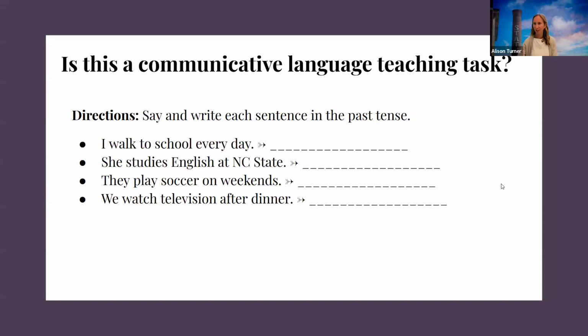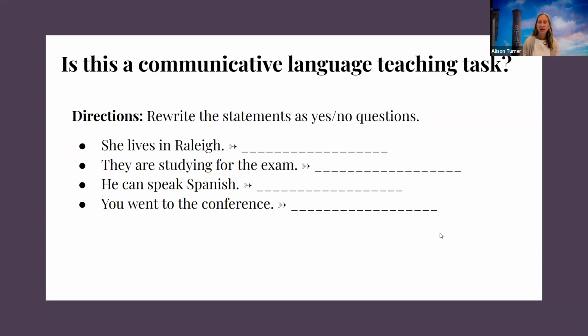We're just guessing at this point because you haven't been given that formal definition yet. All right. Well, hopefully you said no, because there is no real communication here. We're just changing the verb. You might not even know what this sentence means, but you're just trying to change the verb by adding ed to it, right? Or taking off the s and adding d. She studied.